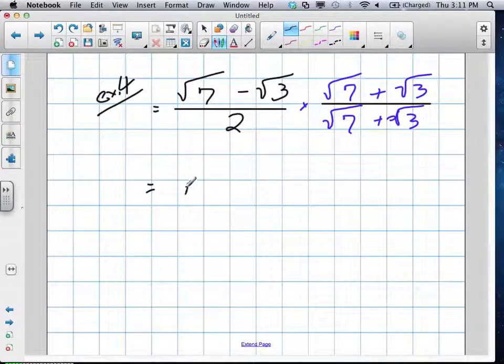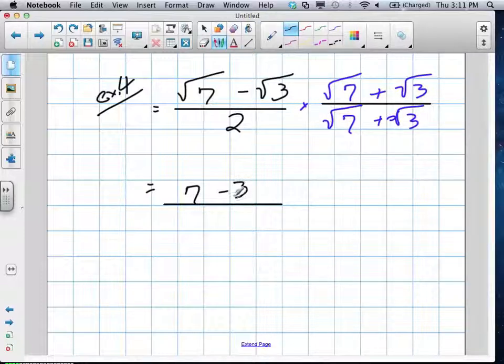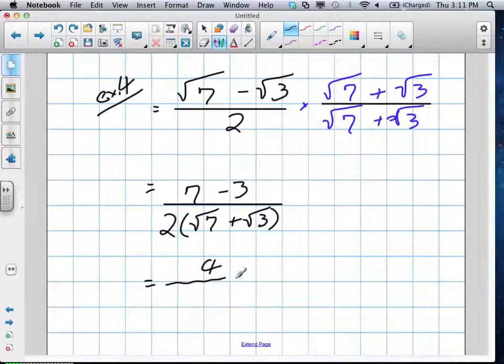When we do this, we're going to be left with 7 subtract 3 divided by, and again, we can leave the 2 on the outside of the brackets if we like, just because a factored form of this does tend to be a little simpler. 7 minus 3 is going to give us 4 over the same denominator, 2 times root 7 plus root 3.